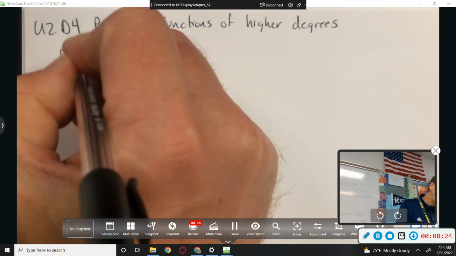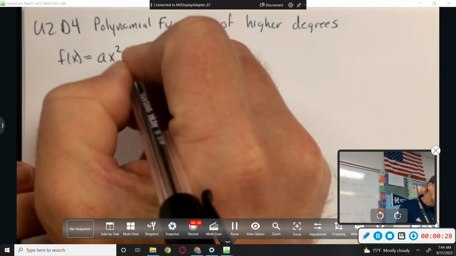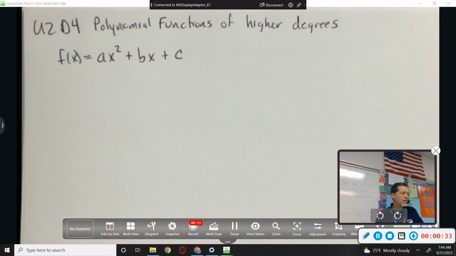Let's start with one that we know. In fact, one that we were working with just now. ax squared plus bx plus c. What's that called? A quadratic.